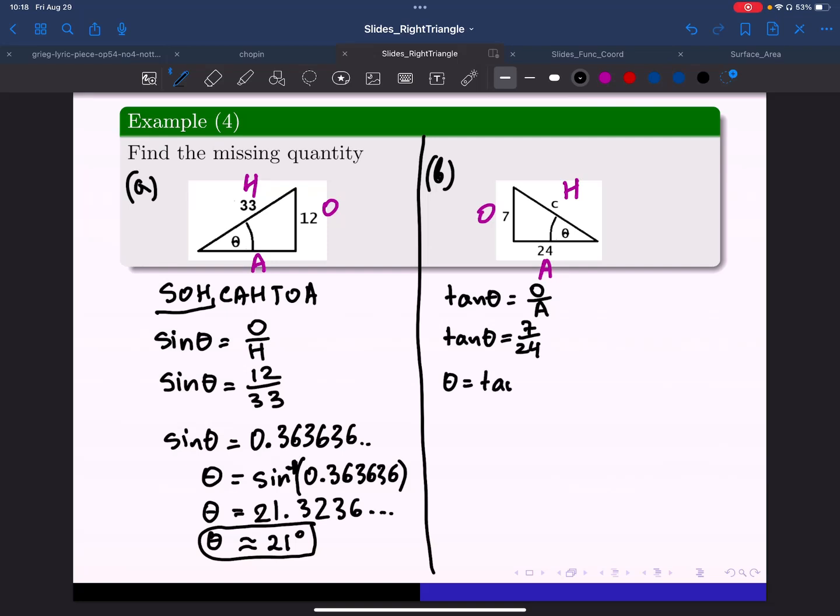Tangent inverse of 7 divided by 24. You can type all of that on calculator. Make sure you use the second function for tangent inverse. So theta would be equal to 16.2602. So rounding to the whole degree, 16 degrees is my angle.